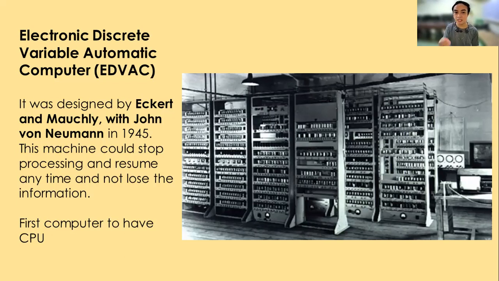So though the EDVAC would be turned off, it would not lose its data or information in its memory or storage. Unlike the other computers invented before it, this is the only computer during the time that can store the information and still remember the information even though it would be turned off.